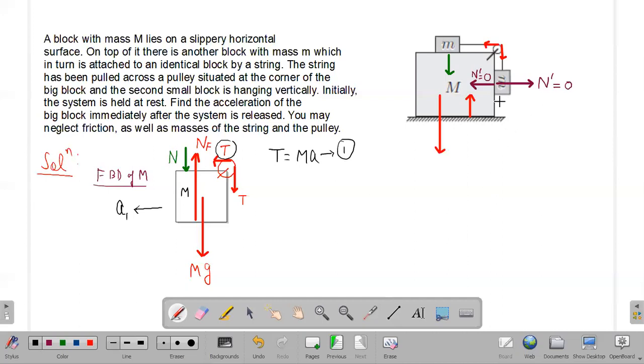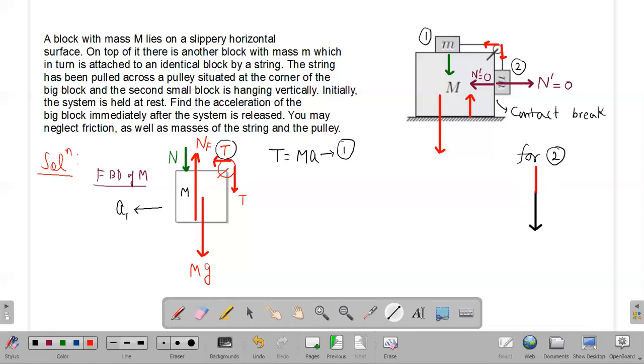Remember, there is no contact left between these two masses. So the contact will break just after the system is released. And when this contact breaks, this small m, let us denote it mark 1 and mark 2. So if I consider block number 2, then the forces on this block will now be only the force of gravity in the downward direction and a tension force in the upward direction.